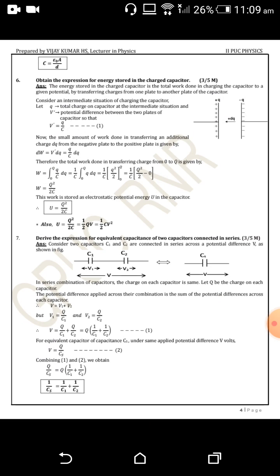So instead of V, we have taken V dash as the potential difference between the two plates of the capacitor. Hence we write V dash is equal to Q divided by C.